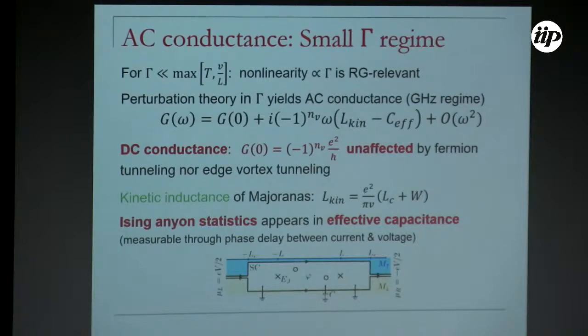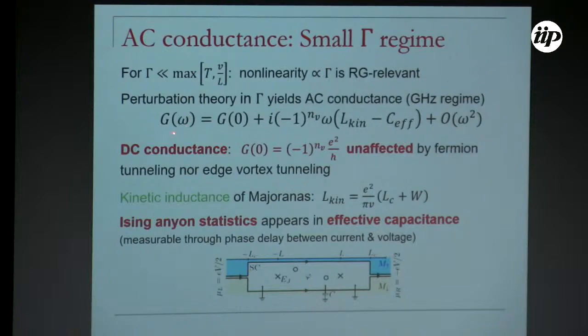So this gamma term, due to the edge vortices, is a relevant perturbation under the renormalization group, meaning it grows as you go to lower and lower temperature. So you cannot treat it by perturbation theory at very low temperatures. You have to stop at a temperature of order gamma. So if gamma is less than T or V over L, or the bigger of these two scales, you can treat it in perturbation theory. And so what we get in perturbation theory at low frequencies, low meaning gigahertz regime, is this result here.